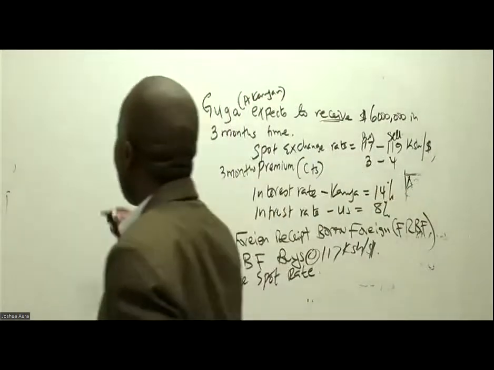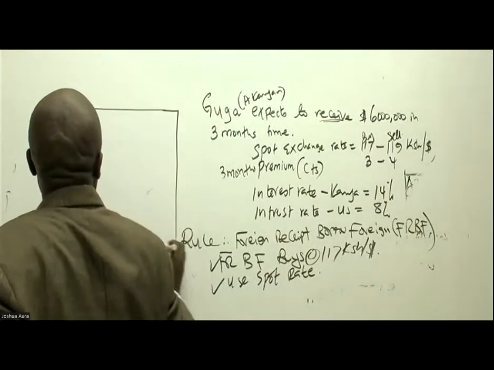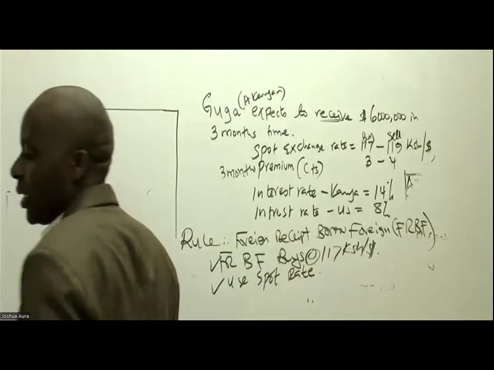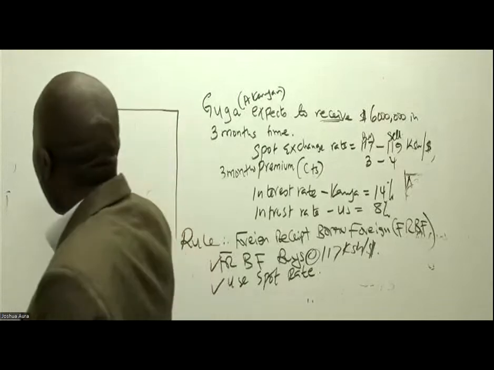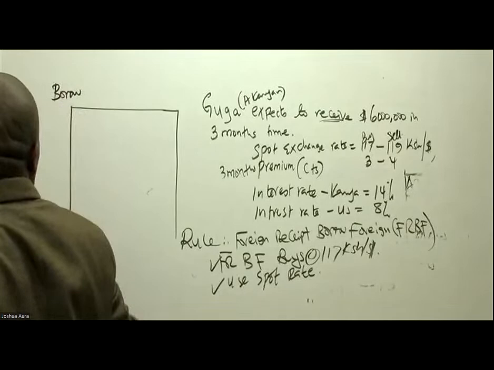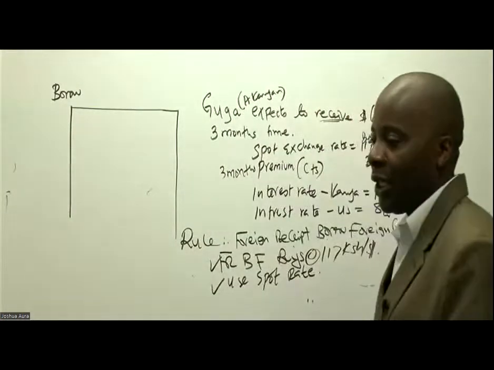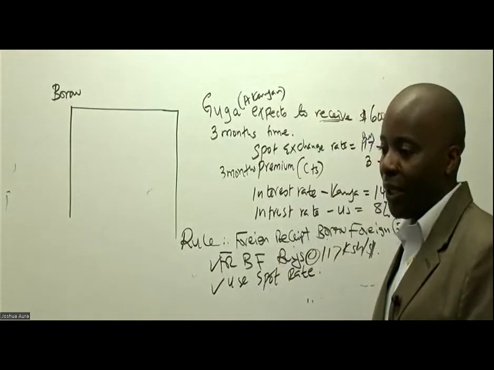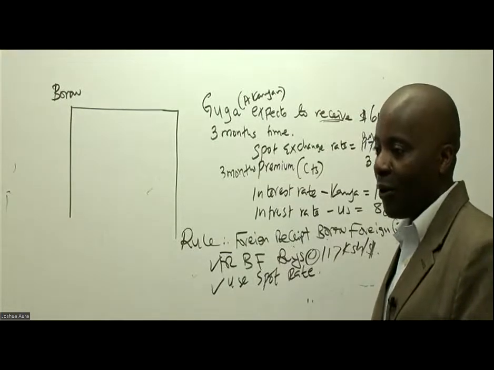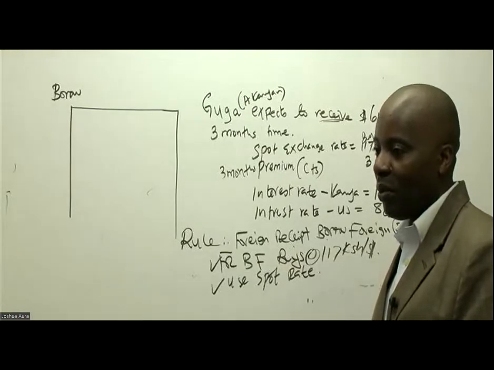So come here, ladies and gentlemen, and draw our table so nicely. Even if I don't understand, I know that in the first leg I'll write borrow. Remember, it is foreign receipt, borrow foreign. So which currency will this gentleman borrow?